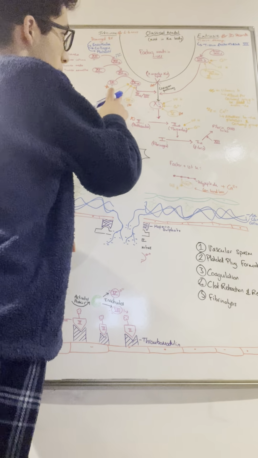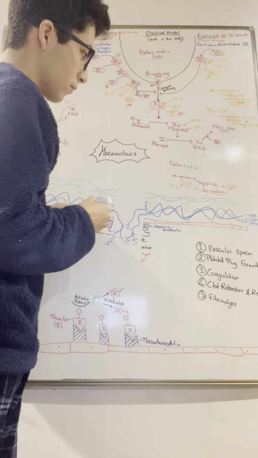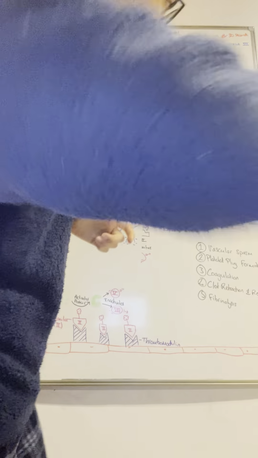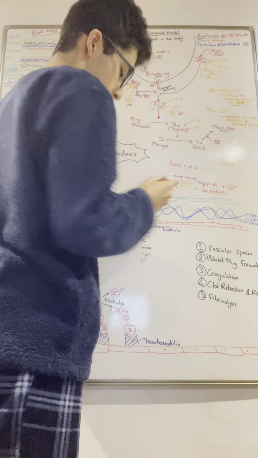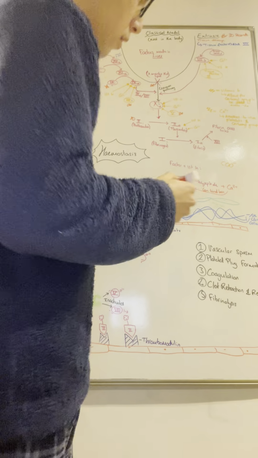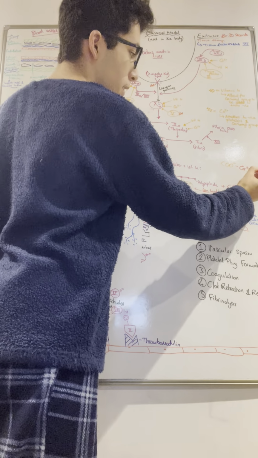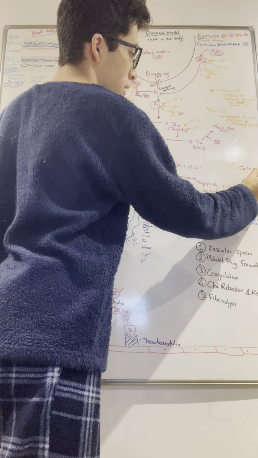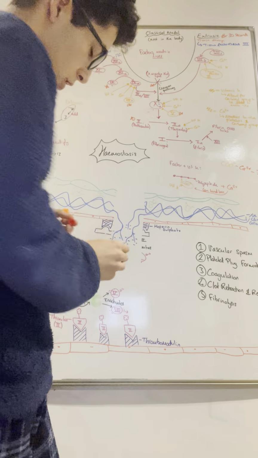Our calcium comes along and it binds to this negative charge. So if we think we've now got our COO minus binds to our calcium, this calcium is now able to bind to something else. That something else is our collagen.